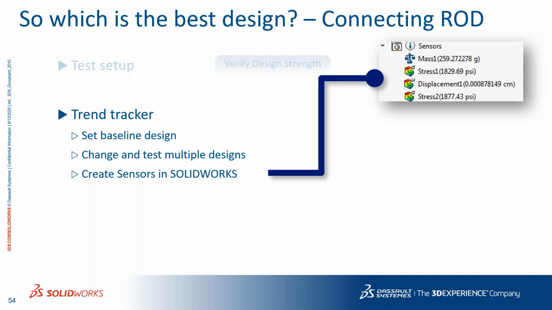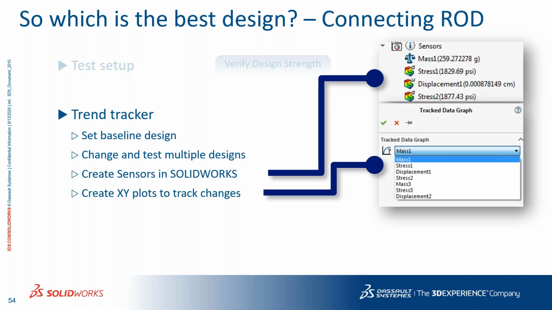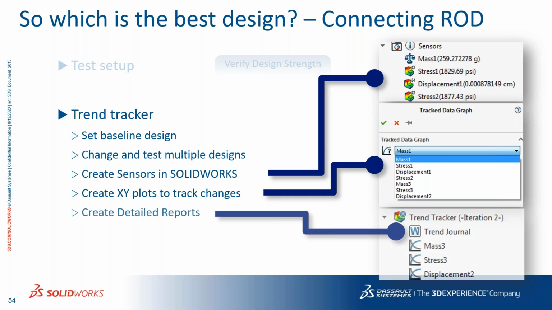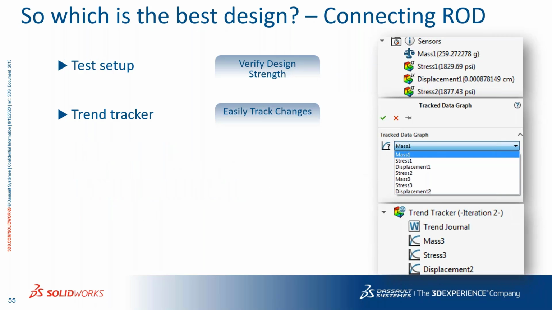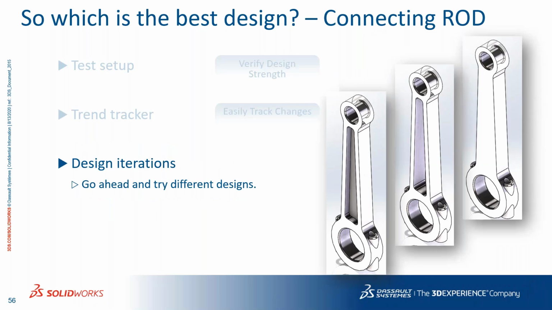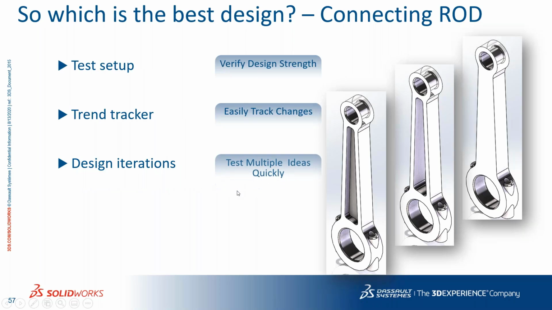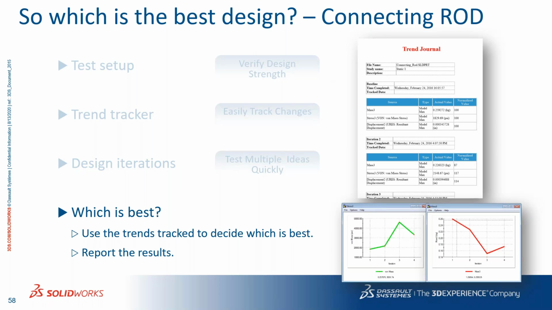So this is how the SolidWorks trend tracker will work, and all these sensors will help you to note down each of the results in the form of stresses, displacement, as well as the mass also. So one by one, I'm going to go for selecting all that. You can see that these are the different design changes we have done. From this, I can get to know, okay, I can decide which is my best design.